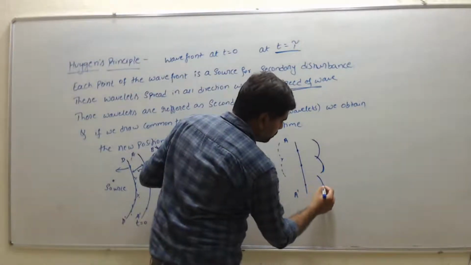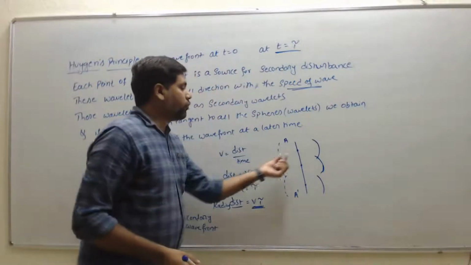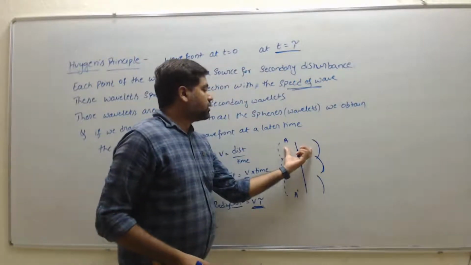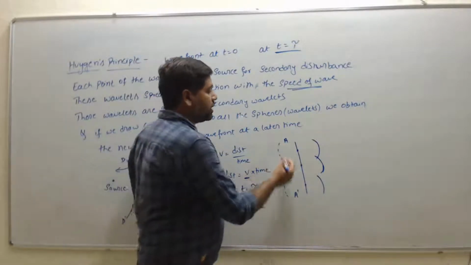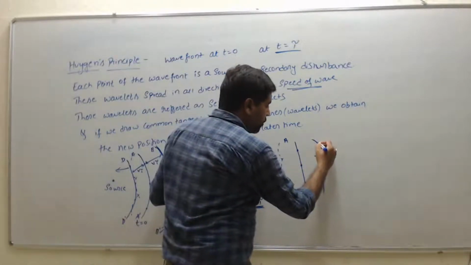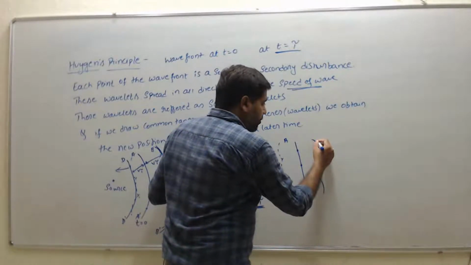From these points, the wavelets are traveling in all directions, and finally we have to draw one tangent to these 3 spheres.